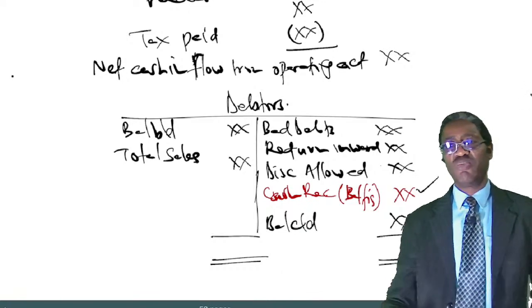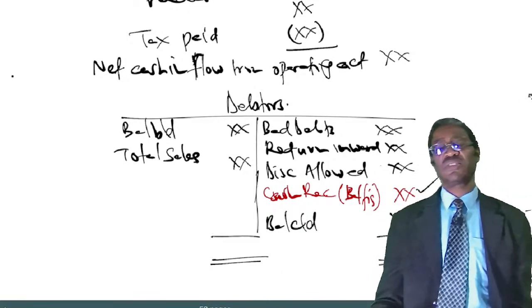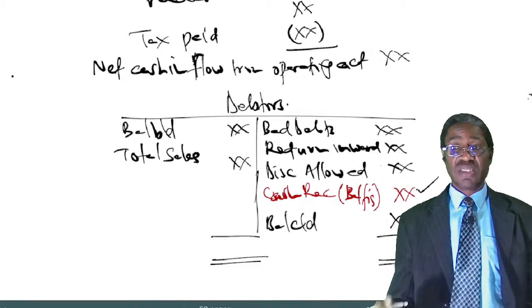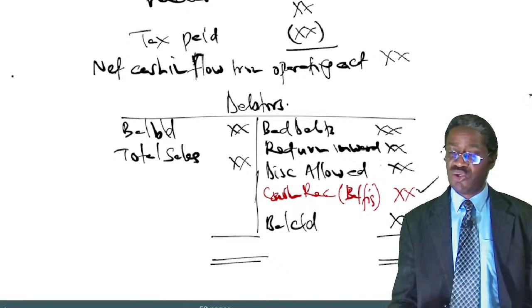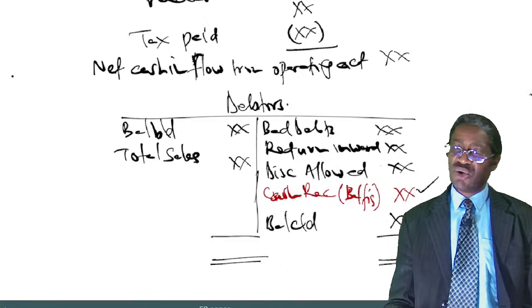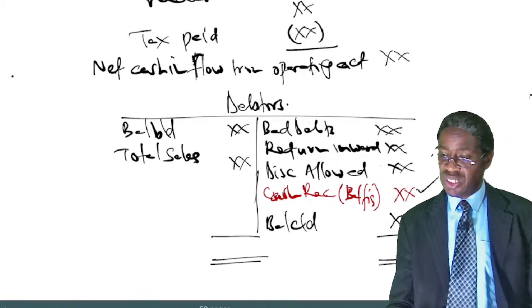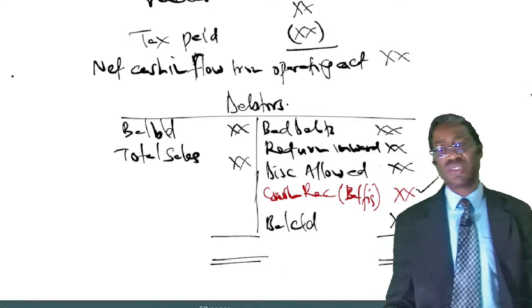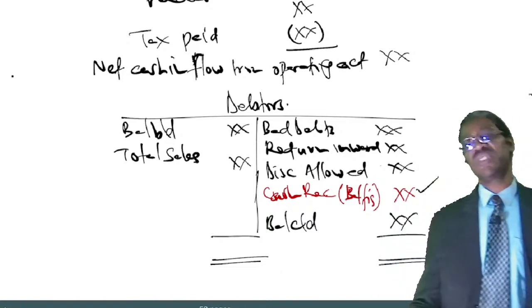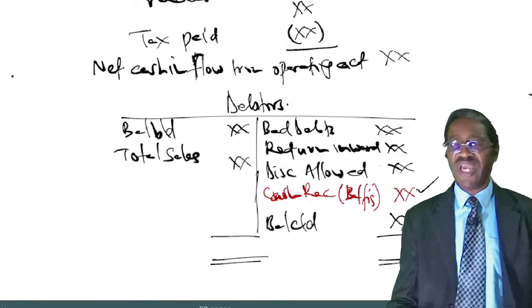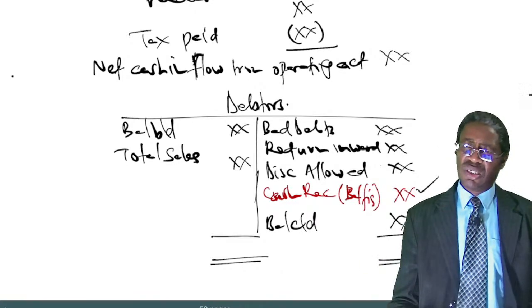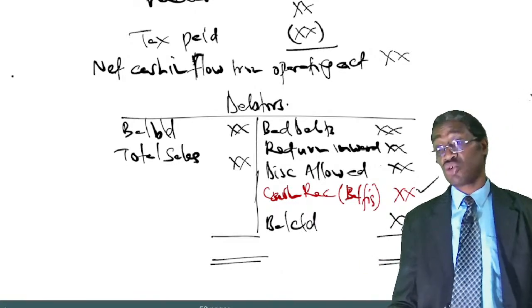We have said you bring down the debtors by the beginning. On the debit side, the key important point I've told you there is that instead of using credit sales, you now use the total sales. Then on the credit side, I've said you enter whatever else that is normally entered in a debtors control.